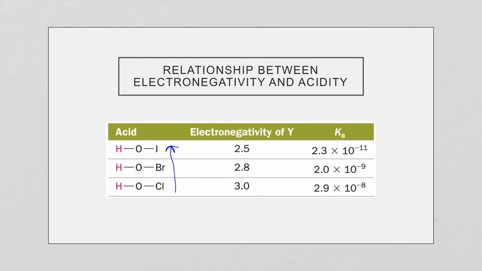As you go up the group, the electronegativity is higher. You can see that higher electronegativity causes a higher Ka and a stronger weak acid. So having that chlorine there is going to make a stronger acid compared to the bromine or the iodine.